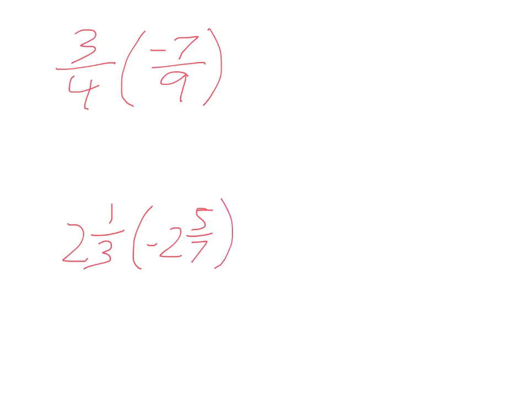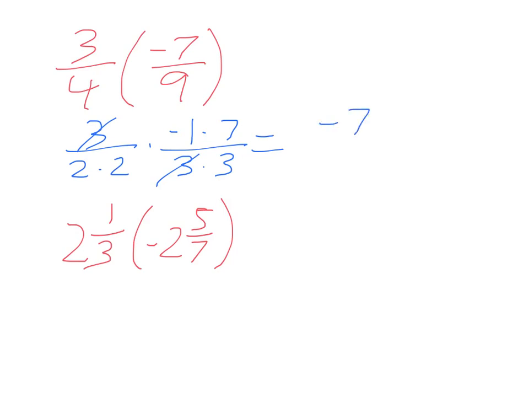Pause the recording and try your luck. Okay, if you did it right, you said this was 3 over 2 times 2, negative 1 times 7 over 3 times 3. You said the 3's canceled, and you got negative 7 over 12.